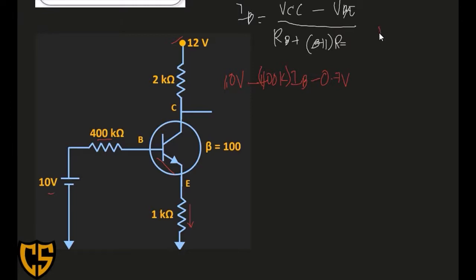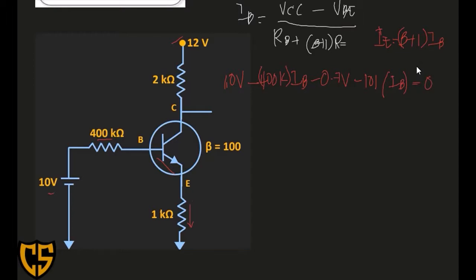So take note of the relationship of your IE in relationship to IB. IE is equal to beta plus 1 IB. So diretso ta na lang, beta plus 1 is 100 plus 1, so that will be minus 101. Then IB naton nga ginapangita is equal to 0.